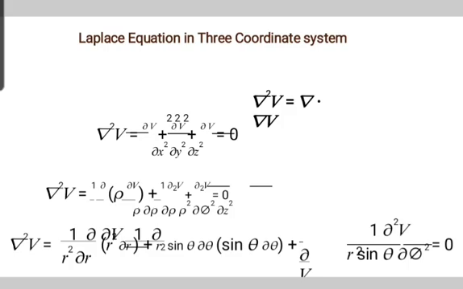In general, the distribution of potential is desired within the volume with an arbitrary potential distribution on the bounding surfaces.